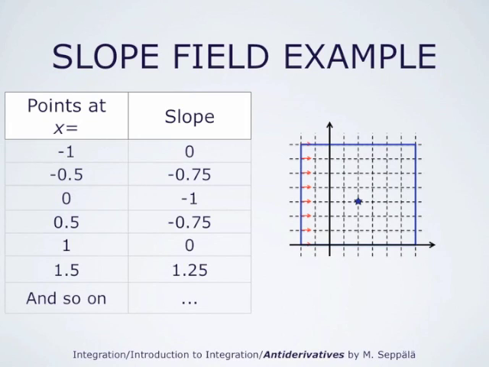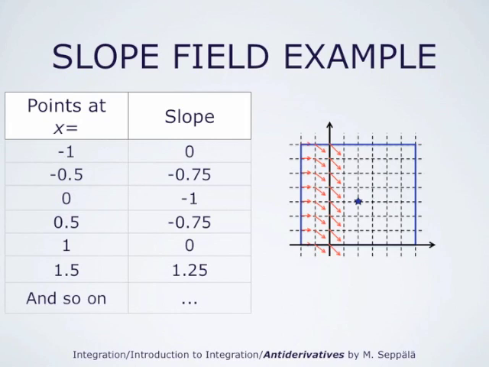For all grid points lying over x equals -0.5, we place an arrow that points down because its slopes are -0.75. If x equals 0, then the slope is even steeper, -1. Therefore the arrows point down as indicated here in this picture.